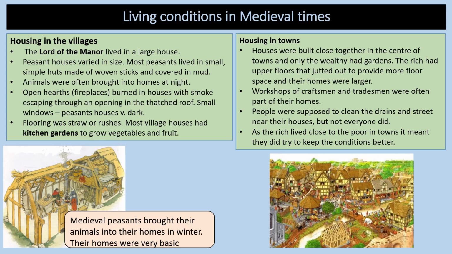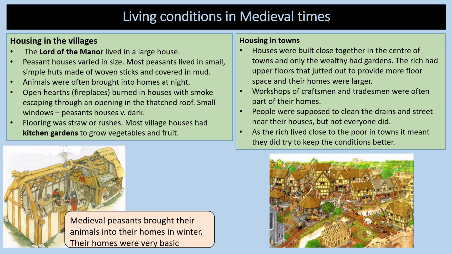So let's just look at living conditions in medieval times. If we compare housing in villages to housing in towns, in villages, the lord of the manor was in charge of the village and lived in a large house. Peasant houses varied in size. Most peasants lived in small, simple huts made of woven sticks and covered in mud. Animals were often brought into homes at night.